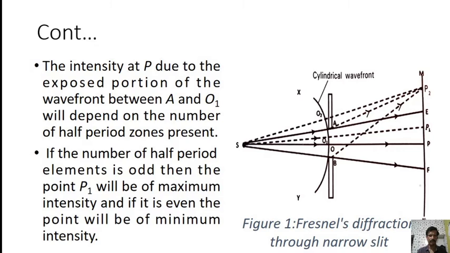If the number of half-period elements is odd, then the point P1 will be of maximum intensity, and if it is even, the point P1 will be of minimum intensity. So of course here the condition for maximum is odd, and the condition for minimum is even.